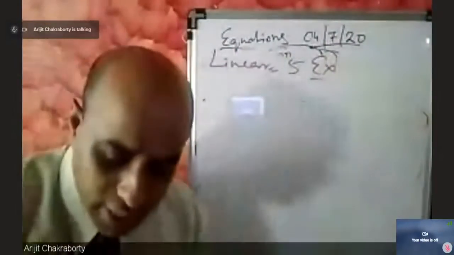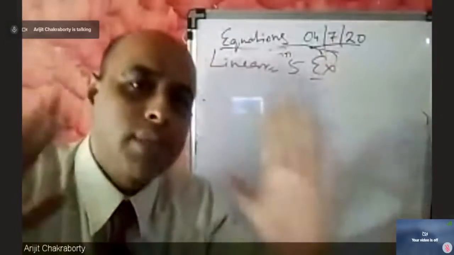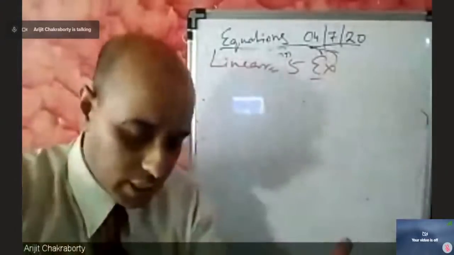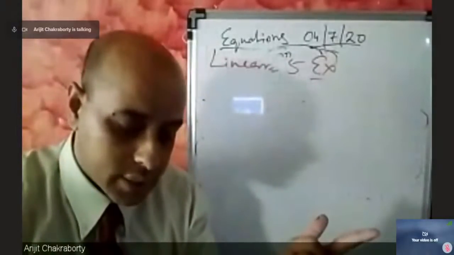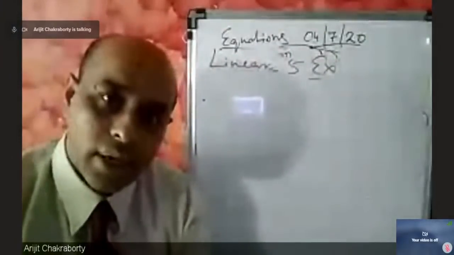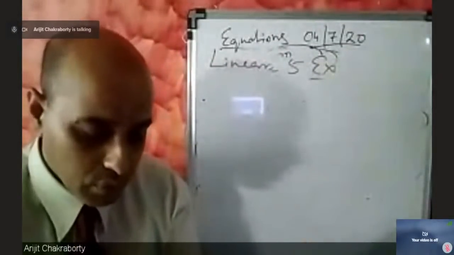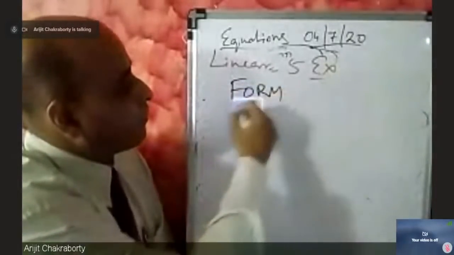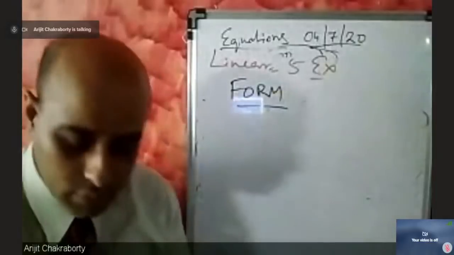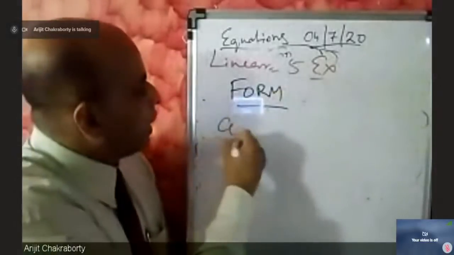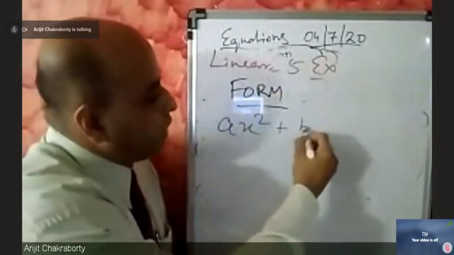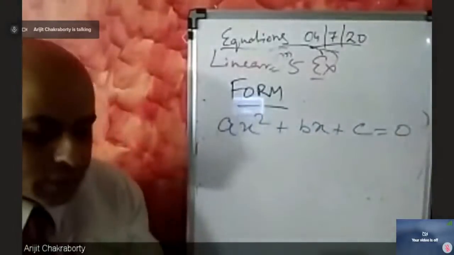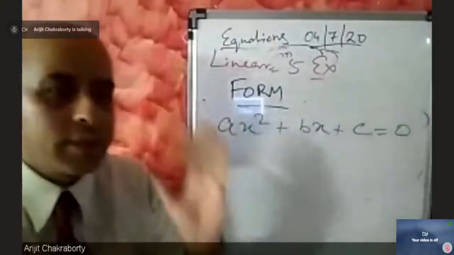Now a quadratic equation has a particular form. You can just see and understand that yes, it's a quadratic equation, right? So if you see the form of quadratic, I'm writing the form. What is the form? The form is ax square plus bx plus c equal to 0. Okay, so this is the form of a quadratic equation.